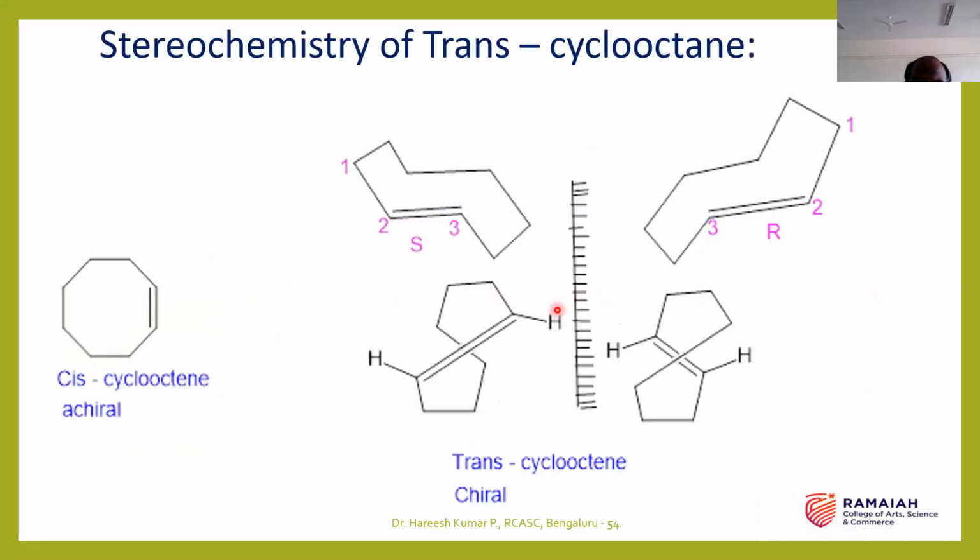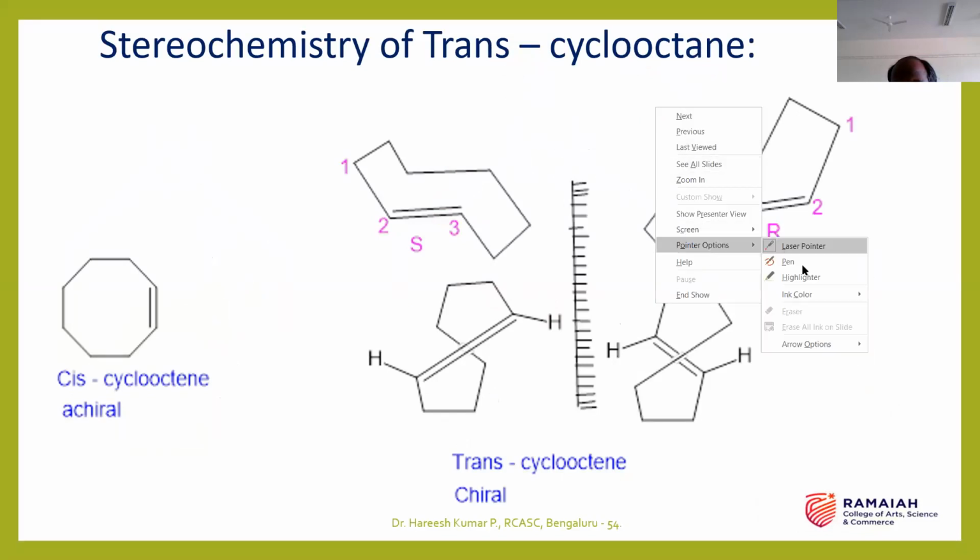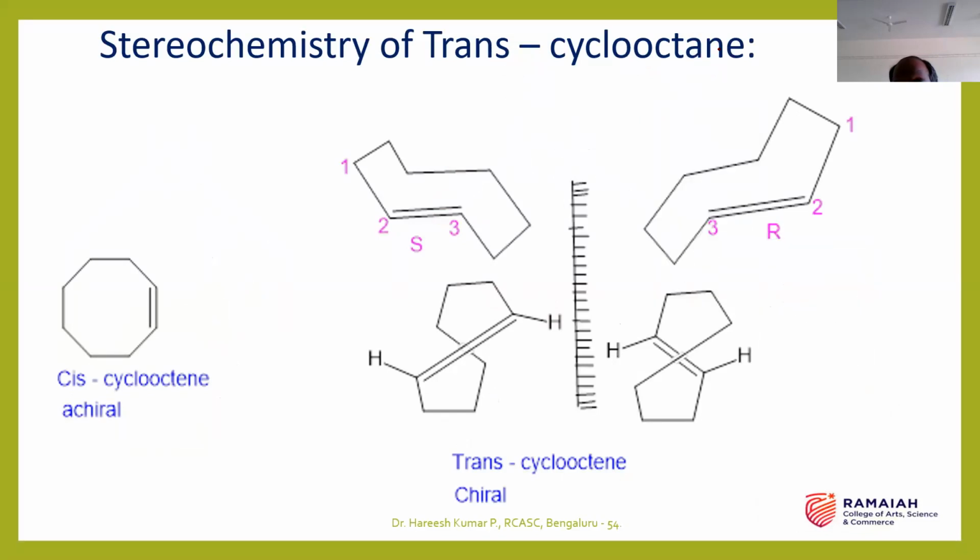So let's look at one more moiety. It's called cyclooctene. This is not ane, it should be ene. So that means this is E, more particularly E-cyclooctene.